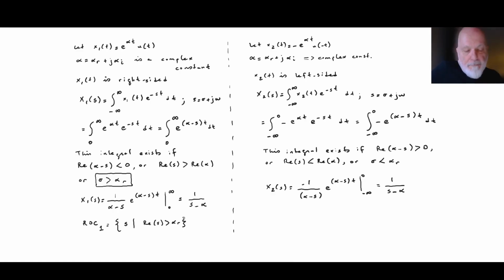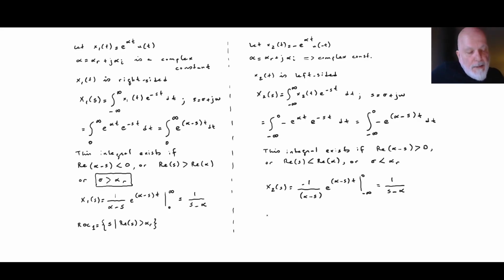Okay? Let me write this over here so that we will have sufficient space. So ROC1 will be equal to all those s such that the real part of s is greater than alpha r.